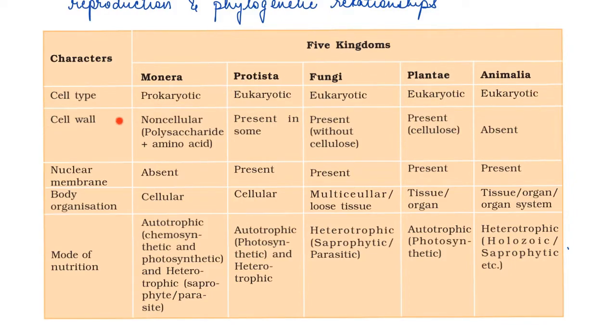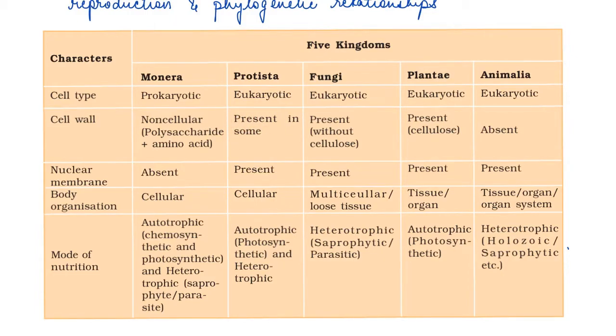Then we come to cell wall. On the basis of cell wall, again it is present in some and absent in some. If you see here, Monera is non-cellulosic, so they have a cell wall of polysaccharide and amino acid. But it's not exactly how we study the cell wall. Now in Protista again it is present in some.